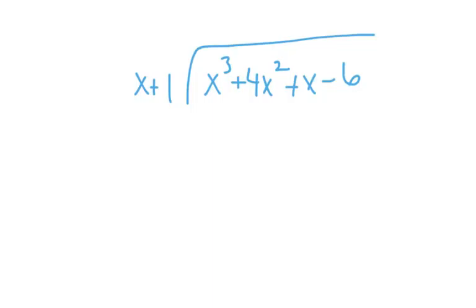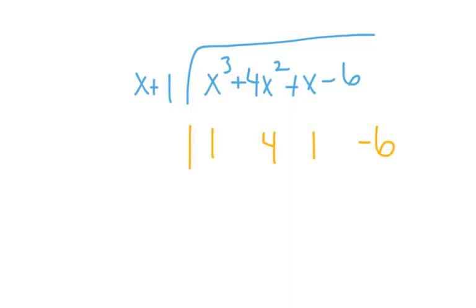Here's another problem. I have x cubed plus 4x squared plus x minus 6, all of that divided by x plus 1. Let's set up our synthetic division. I'll write the numbers first. Getting rid of variables and exponents, we now have a 1, a 4, a 1, and a -6. Anything in front of x, if there's nothing there, it's an implied 1.